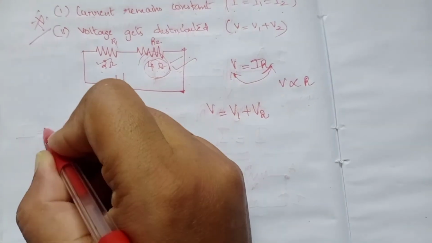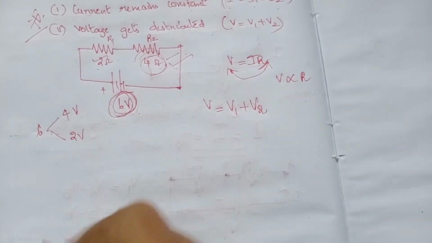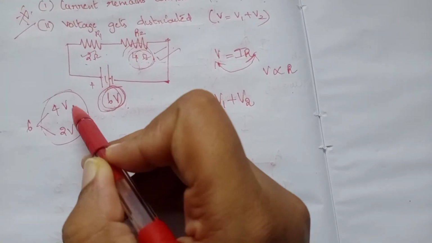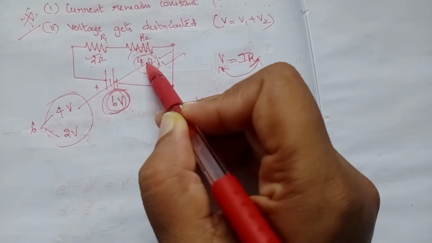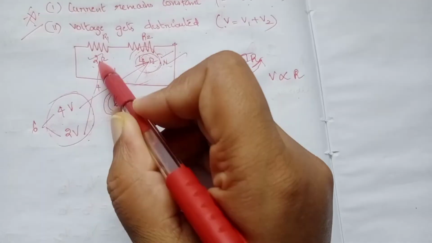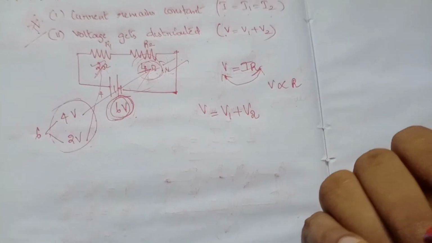For example, if the 6 volt gets transferred as 4 volt and 2 volt, this 4 volt will be passing through the 4 ohm resistor since it is the highest value, and 2 volt will be passing through the 2 ohm resistor since it is the lowest value, because both are directly proportional.